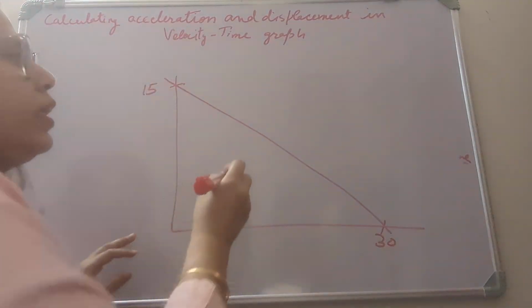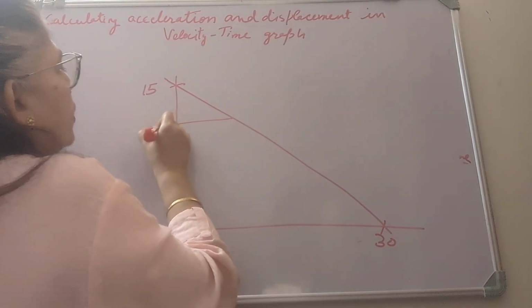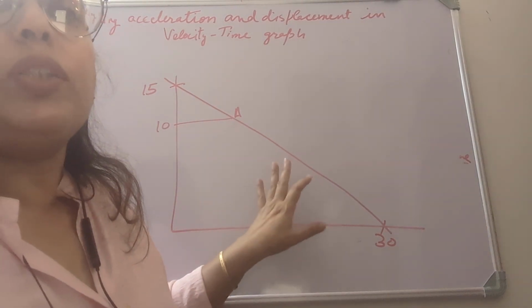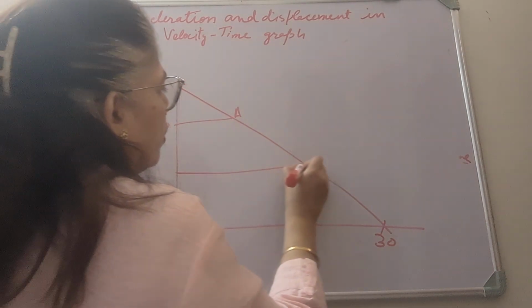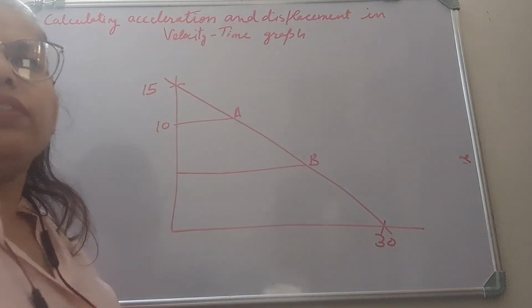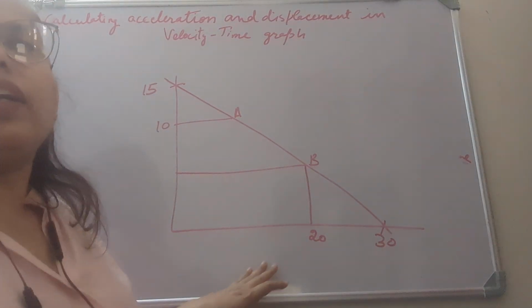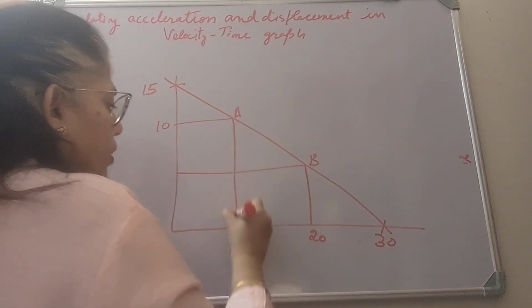Two points are A and B. A is at 10, and B is at 5. Here B is at 20 and here A is at 10.